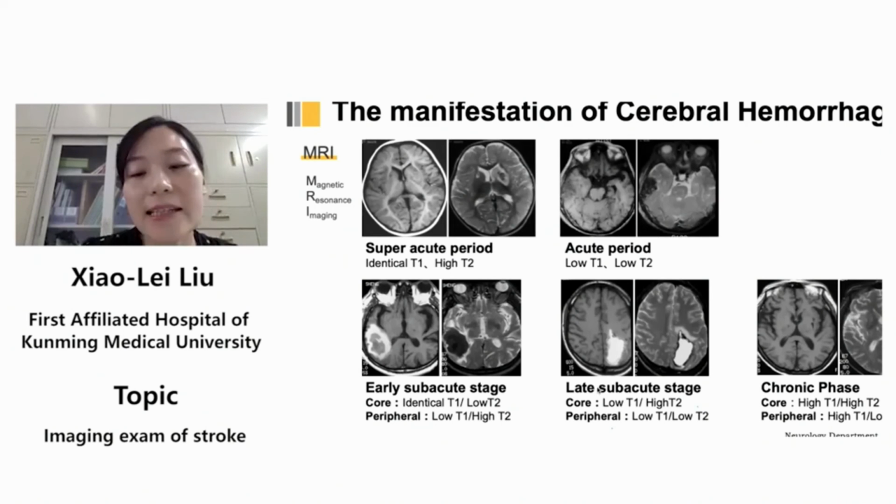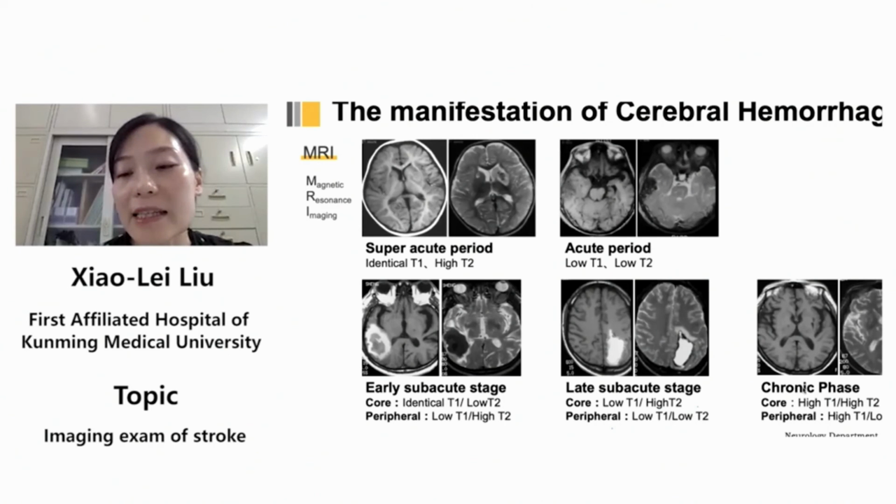And in the late subacute stage, the core is with a low T1 signal, but high T2 signal. And the peripheral areas have a low T1 signal and low T2 signal here. The low T2 signal refers to the signal being more gray than the normal tissue.